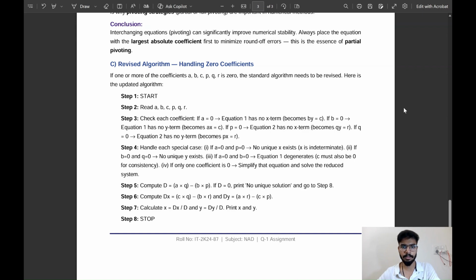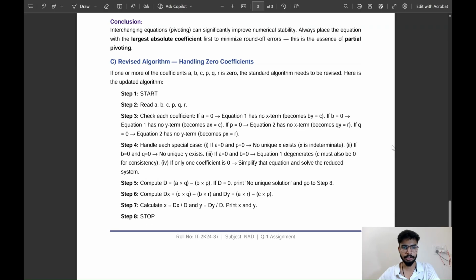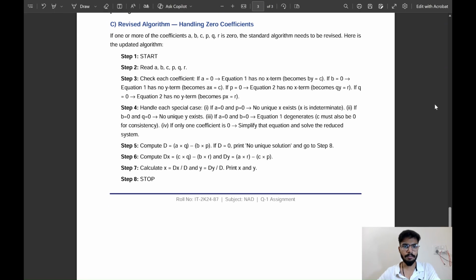Fourth, if only one coefficient is 0, simply simplify the equation and solve the reduced system. Now step 5, computing d, and if d is equal to 0, we will print no unique solution and go to step 8 and stop. If not, in step 6 we compute dx and dy, and in step 7 we calculate x and y and print them. Okay, thank you.